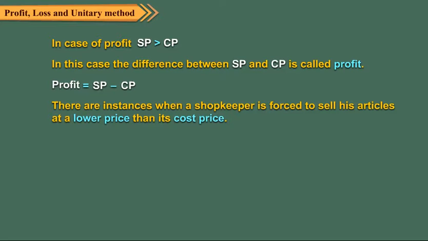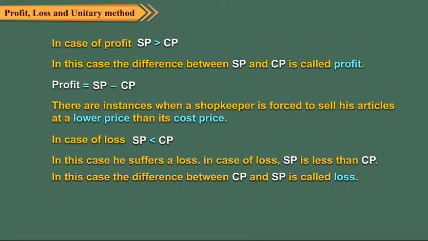In this case, he suffers a loss. So, in case of loss, SP is less than CP. In this case, the difference between CP and SP is called loss. So, loss is equal to CP minus SP.